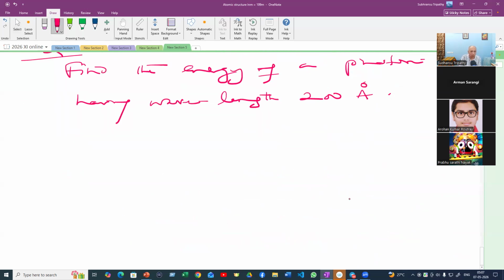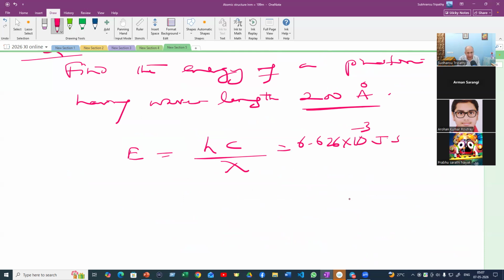So what formula will you be using? E is equal to hc by lambda, because I have given lambda. So h is 6.62 times 10 to the minus 34 joule second, let us use SI units this time, into c is 3 into 10 to the 8 meter per second. So second per second get cancelled.